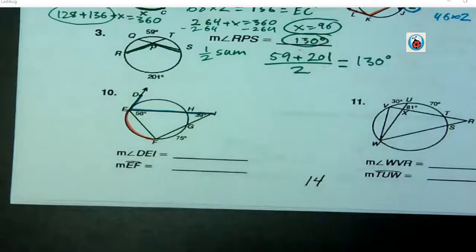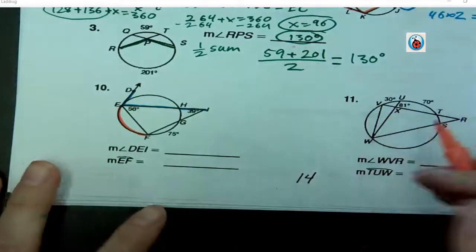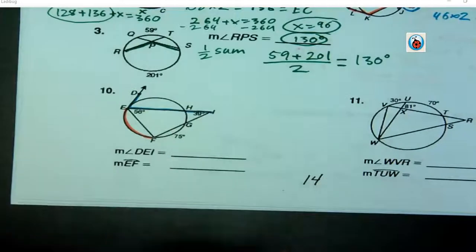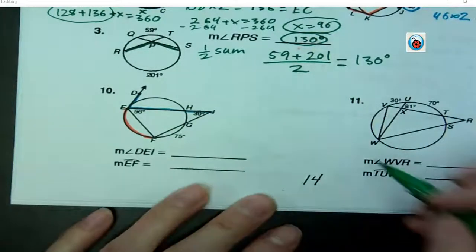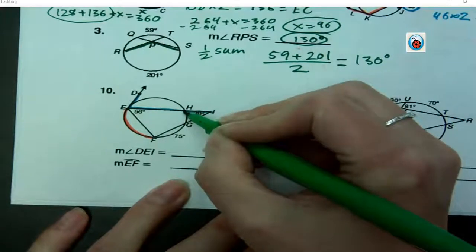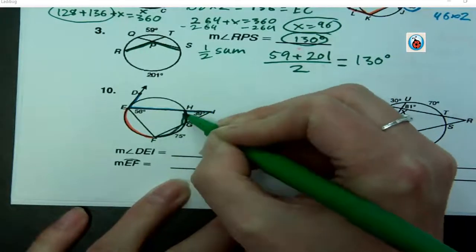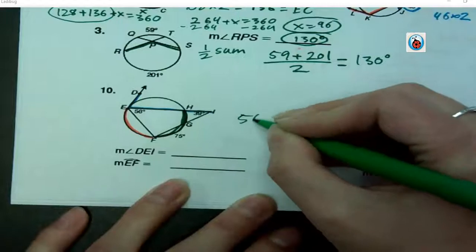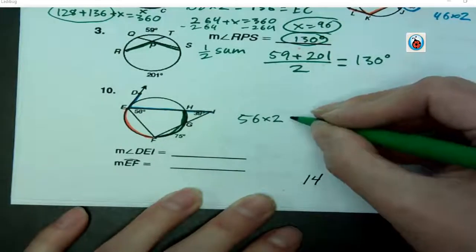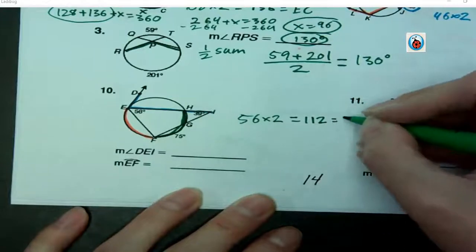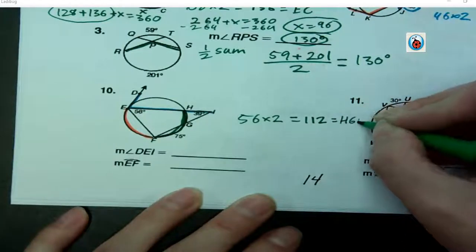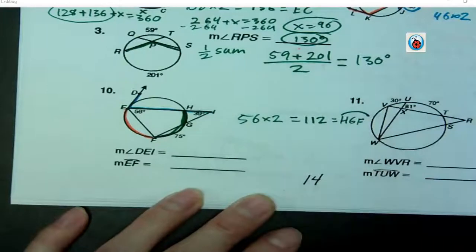So, when you get a problem like this, start by finding the information you can find. And so I know 56, 58. Alright, so I know 56 times 2 is going to equal this arc. So, 56 times 2 equals 112, which is my HGF arc.